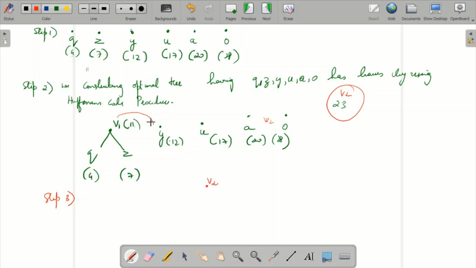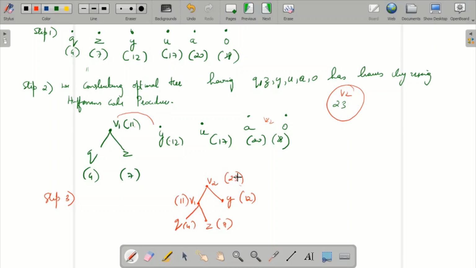For that V2 add these weights, 11 plus 12 will give you 23, and the branches will be like this: one branch is V1, right branch is Y. For Y the weight is 12, for V1 the weight is 11, and these branches remain the same, that is Q and Z. For Q the weight is 4, and for Z the weight is 7. So I just combined these two. One I took as left branch, one as right branch, and put a new vertex V2, summed these weights to 23, and this branch would repeat the same V1 with Q and Z.